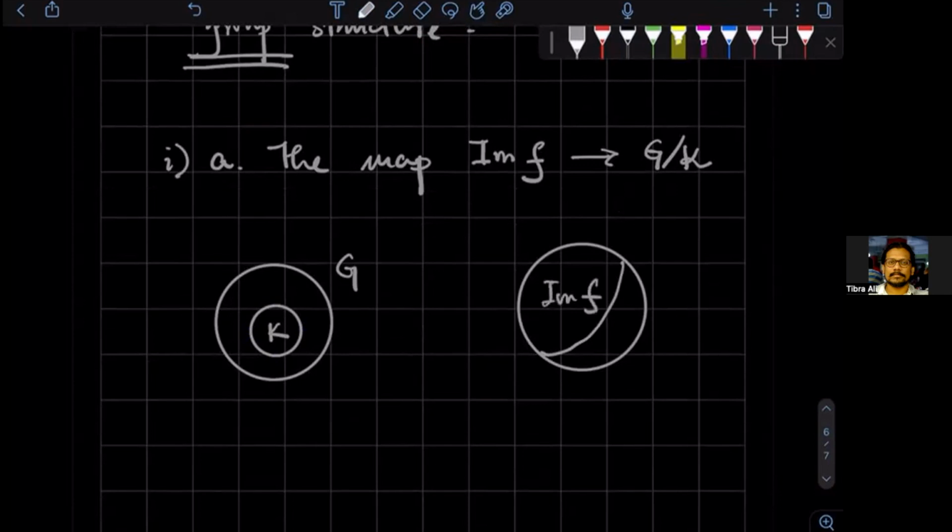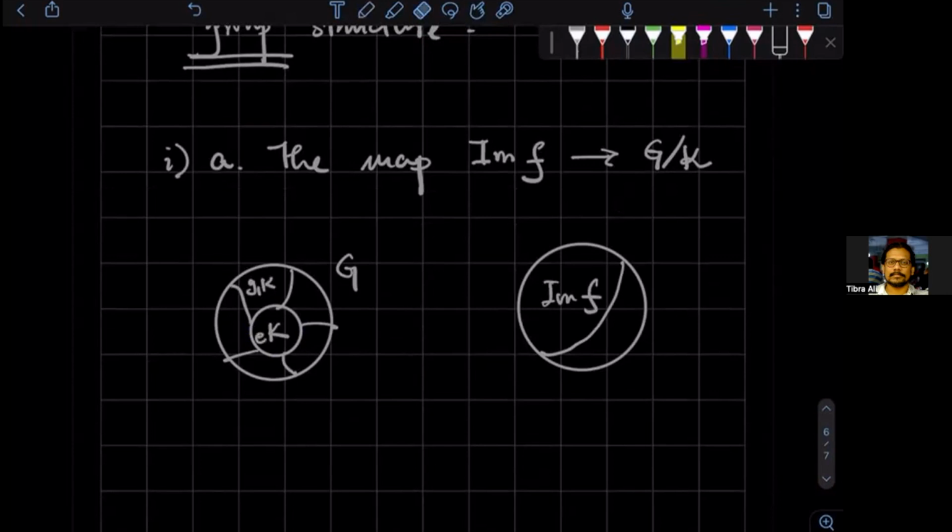Now, when we are thinking of G over K, then what happens, we partition G into these disjoint sets, right? Subsets. So there'll be G1K. K is just EK, right?